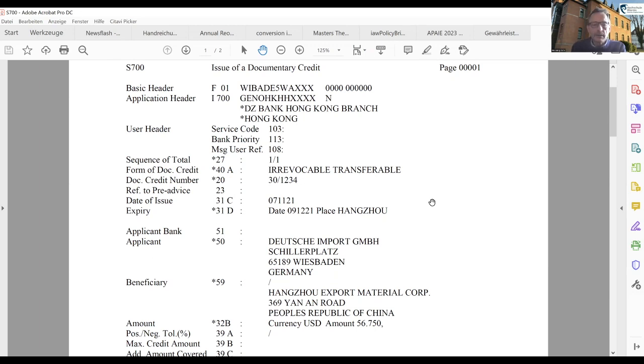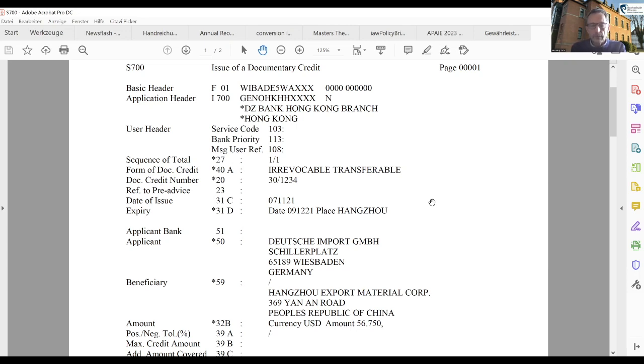So paying in advance means you're taking all the risk as an importer. But on the other hand, the exporter does not want to deliver the goods without knowledge that he receives payment. Then he would take the whole risk if he is sending the goods without payment.